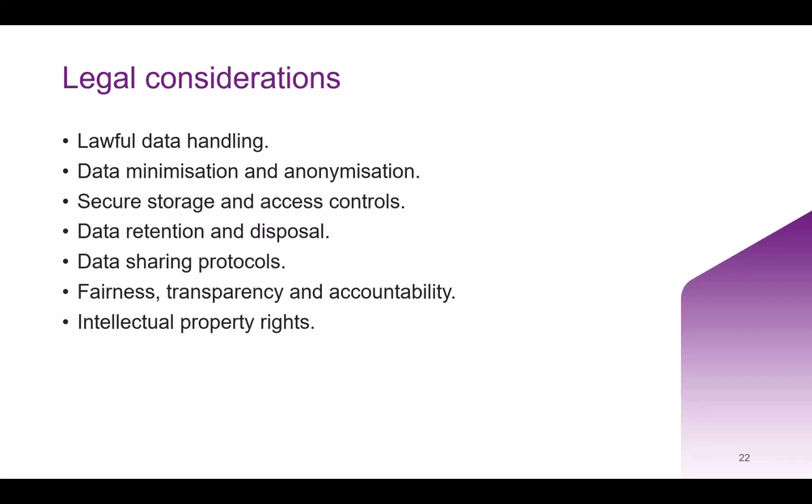For example, more detailed data sets may be made available under strict agreements, while aggregated data sets can be shared more openly for teaching or general use. And storage and access controls are another critical consideration.